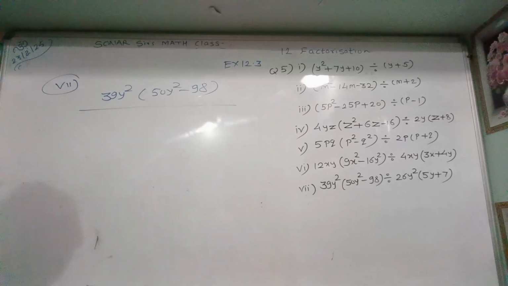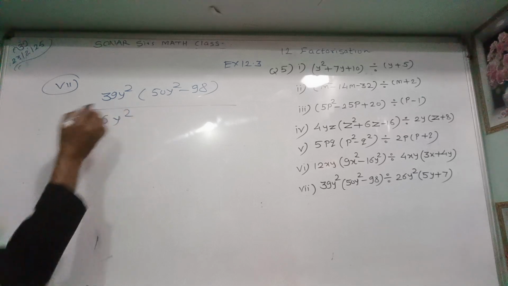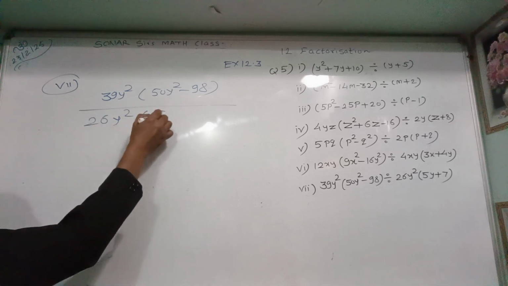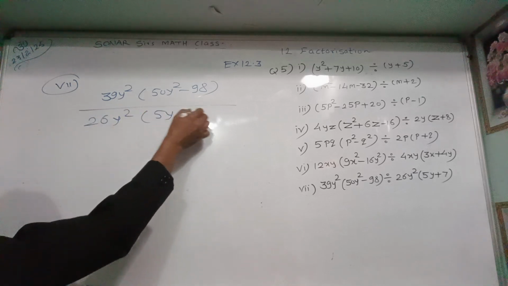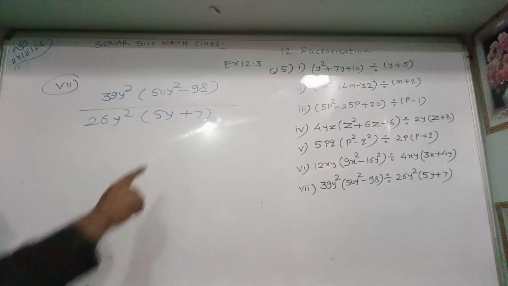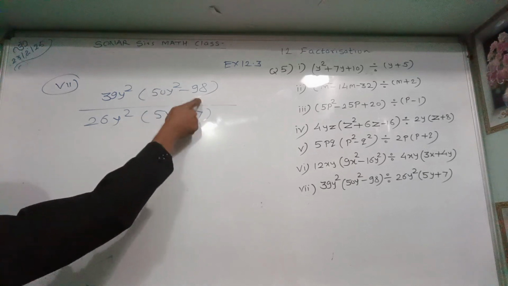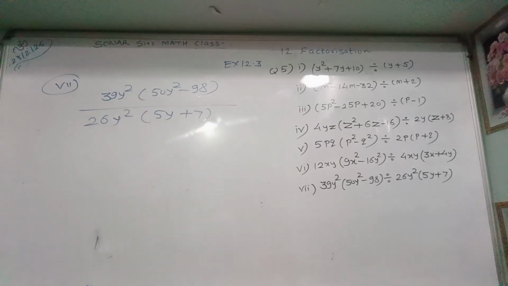In the denominator there is 26y square in bracket 5y plus 7. Now I would like to suggest one shortcut. As there is a 5y plus 7 in the denominator, here it must also be 5y plus 7. So let's see whether it gets cancelled or not.